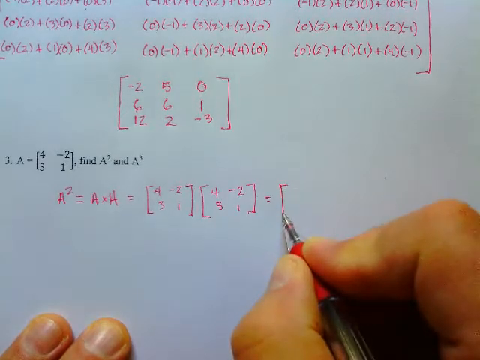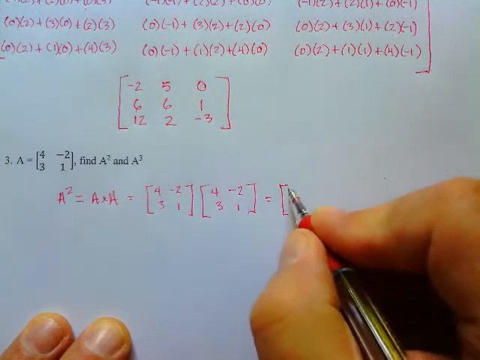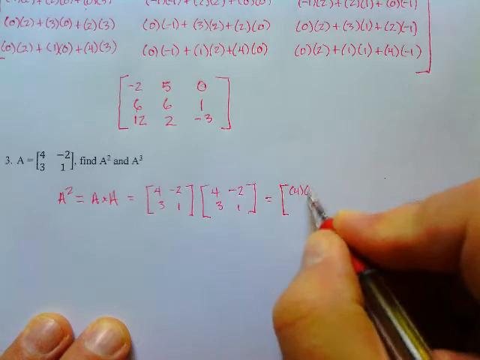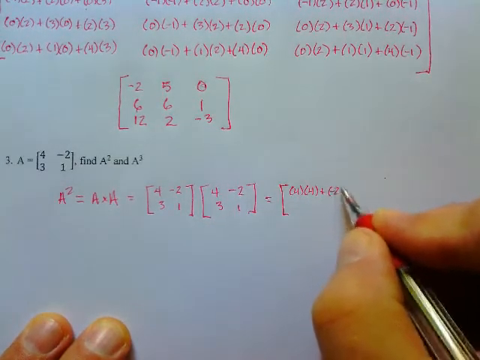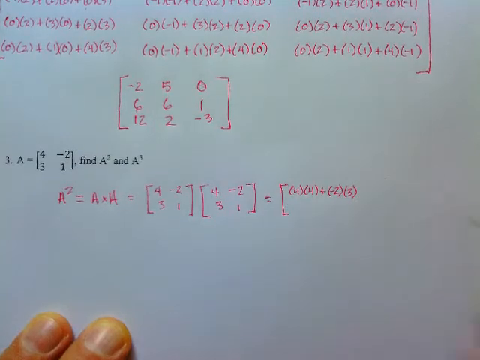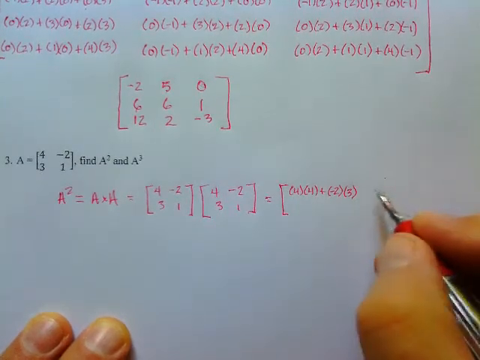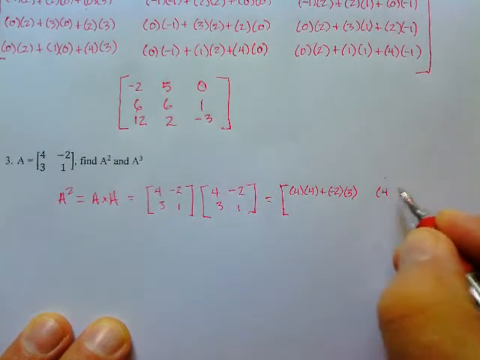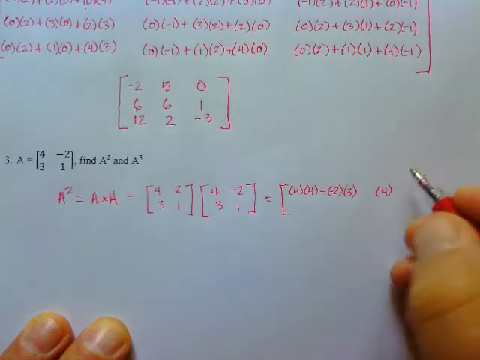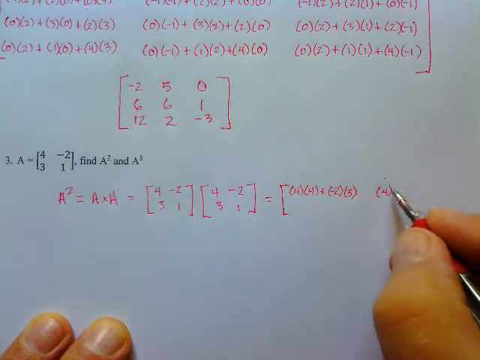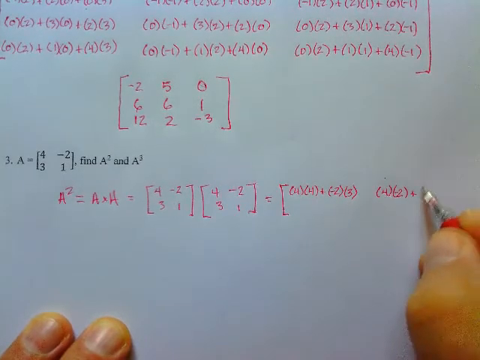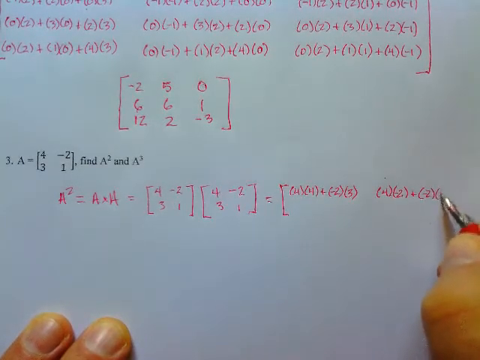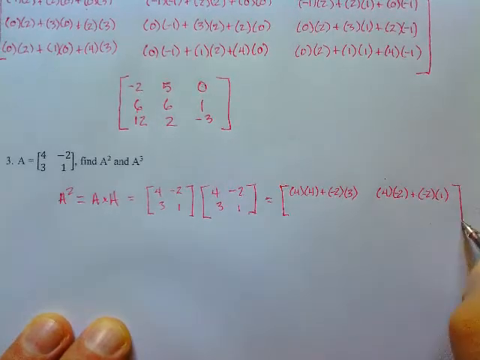And that will be 4 times 4 plus negative 2 times 3 for that element. 4 times negative 2 plus the negative 2 times 1 for that element.